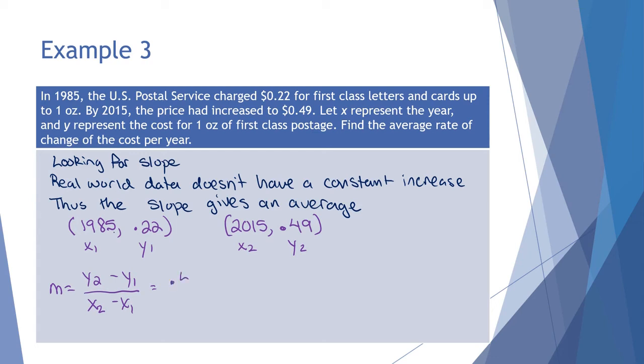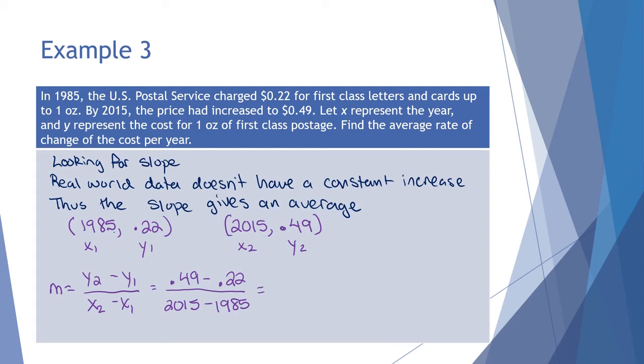So I'm going to plug in the numbers. Y2 is 0.49 and Y1 is 0.22. X2 is 2015, X1 is 1985.